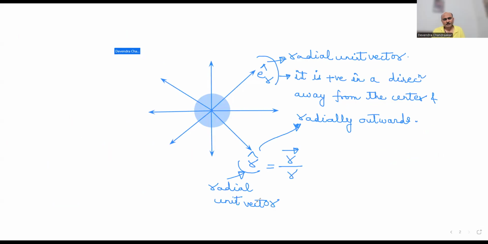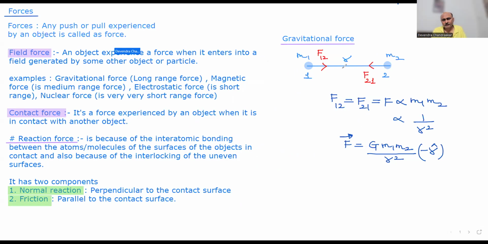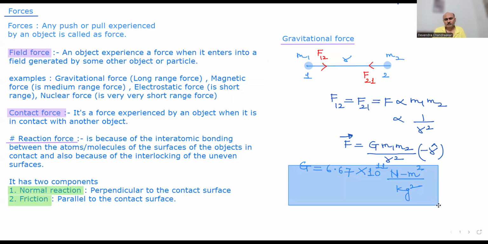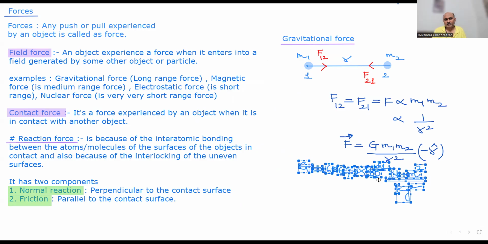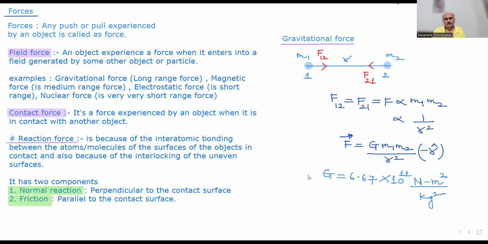So this is the case. अच्छा, इसमें एक सेकंड, my bad. Positive is radially outward. So since the forces are acting towards the center, that's why this is minus r cap. The value of G is 6.67 into 10 to the power minus 11 Newton meter square per kilogram square. ये कहाँ से आया? ये एक्सपेरिमेंट से आता है, कैलकुलेशन से आता है. ठीक है.